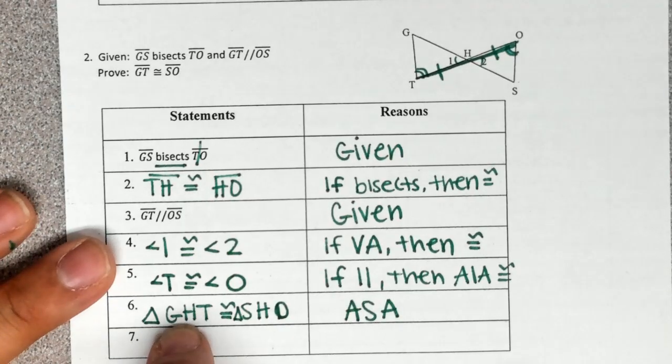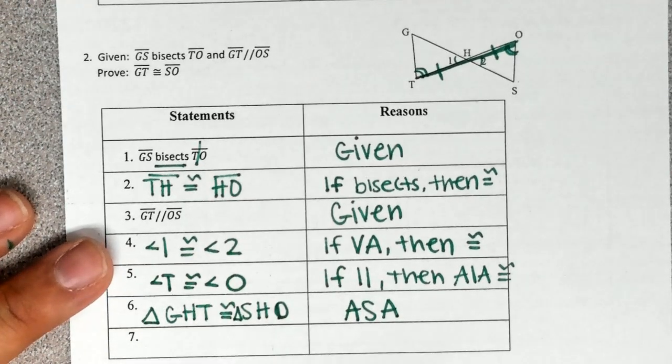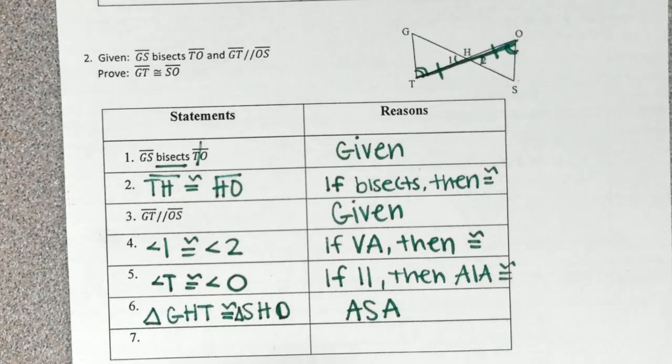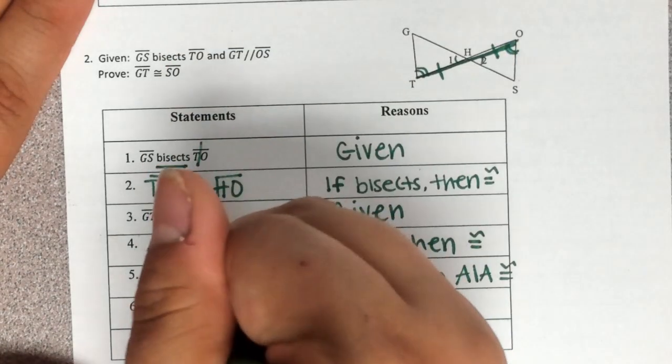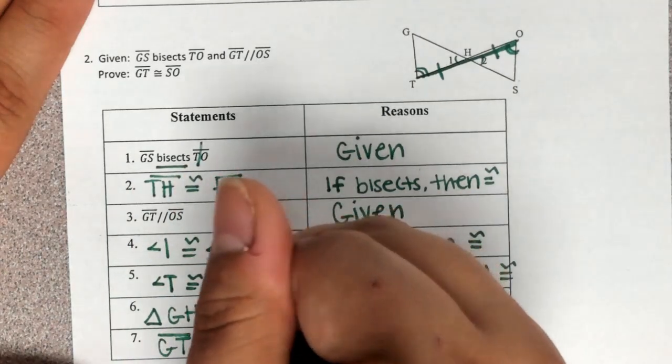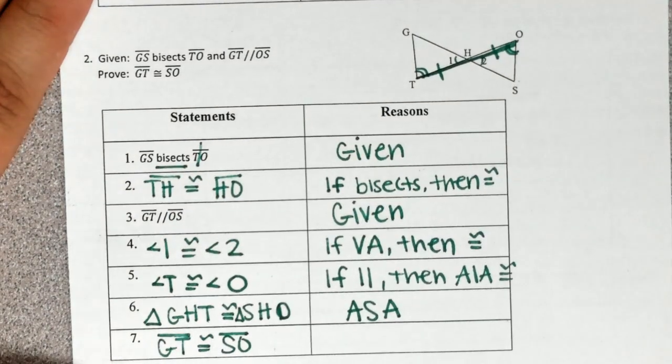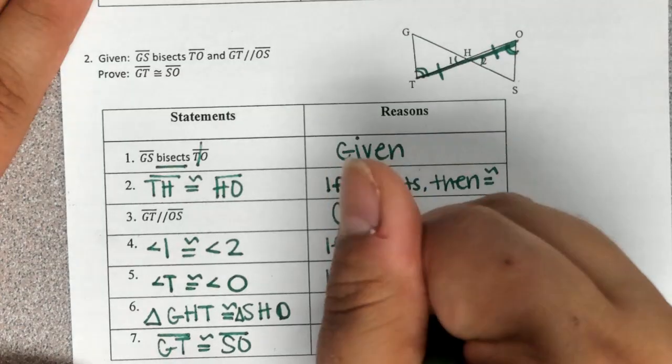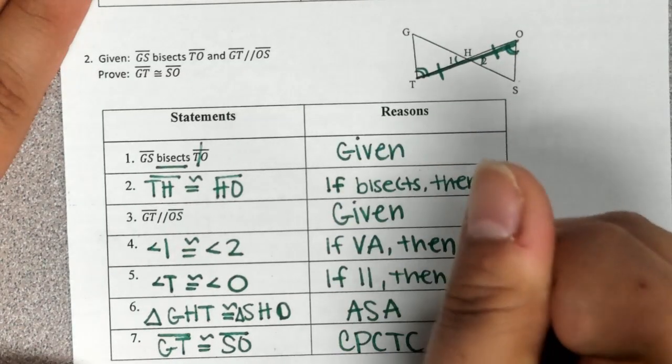You could have said GTH, doesn't matter there, but these need to go together. It's a little weird, right? Normally we would end, but is this my proof? No. Nope, I gotta write whatever's in the proof. GT is congruent to what? SO, why? CPCTC.